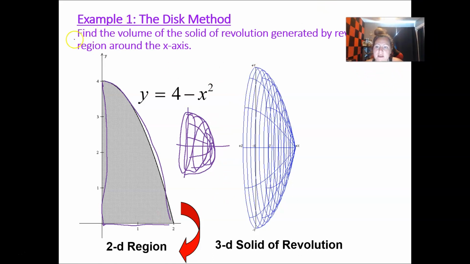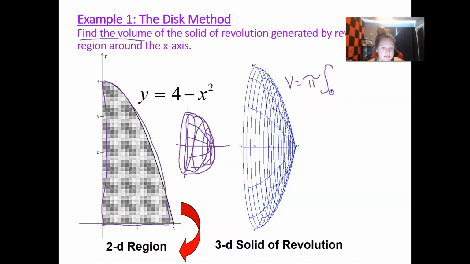And then we need to find the volume. So volume, based on the last slide, equals pi integral from a to b. We're looking at the x's, so this is with respect to the x-axis.